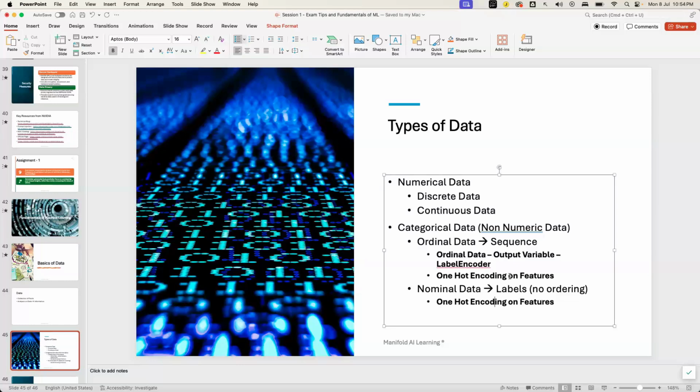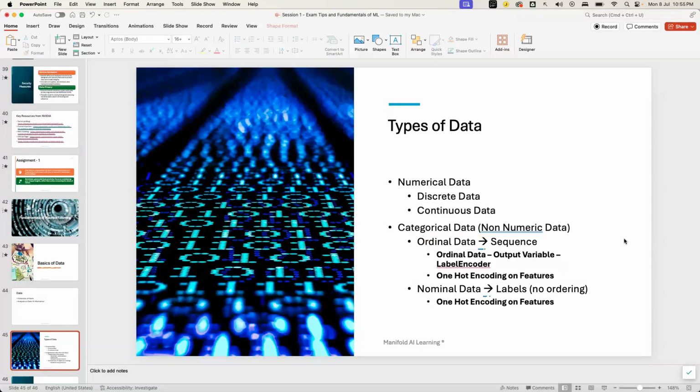This is how we will be transforming the data. Depending on the type of data, you will apply some techniques in the backend so that you'll be able to apply the machine learning models or the analysis in a better manner.